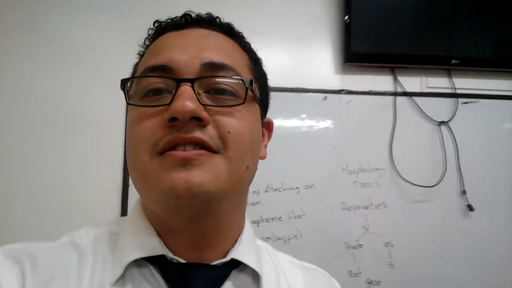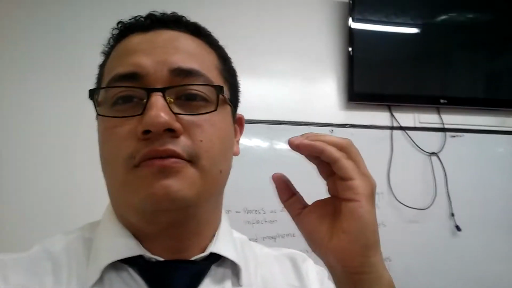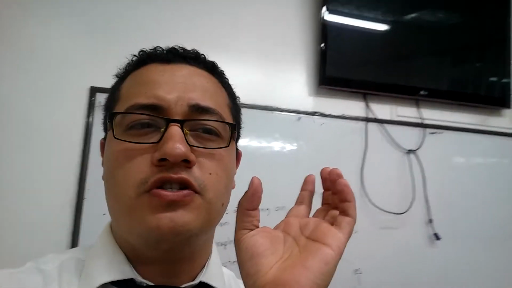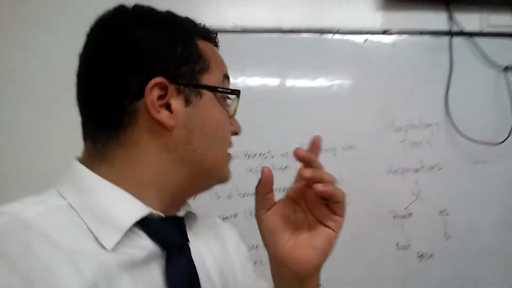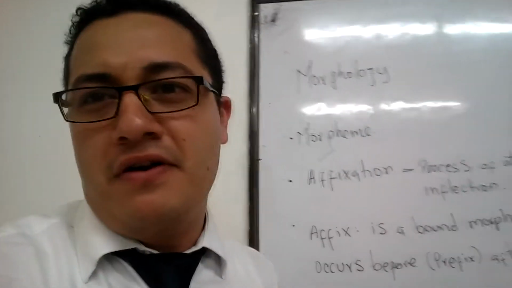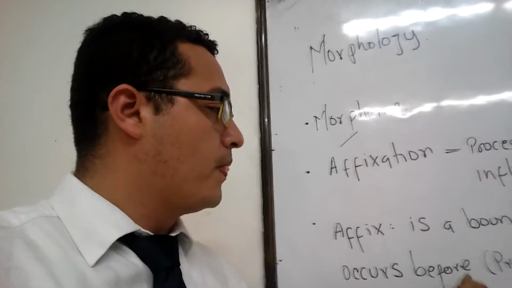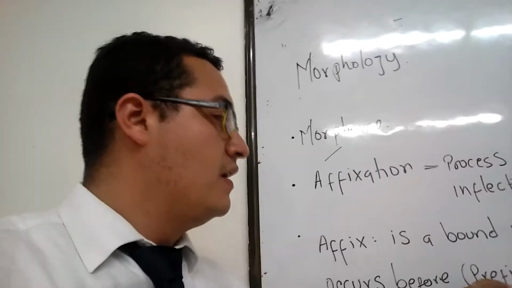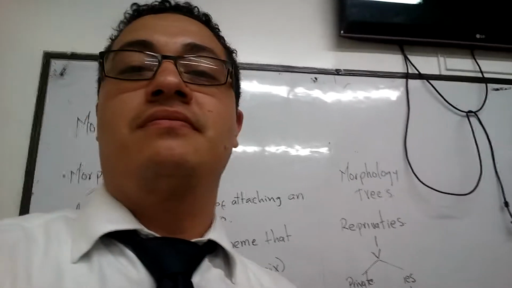The root is the part of the word that has the meaning. For example, when you say writer, you see write, which in this case is the root, and the noun ending is an affix. A better definition: the ones before the root are prefixes and the ones after are suffixes. I mean, you need to understand that it's really important.